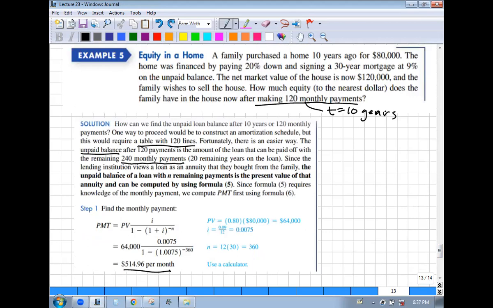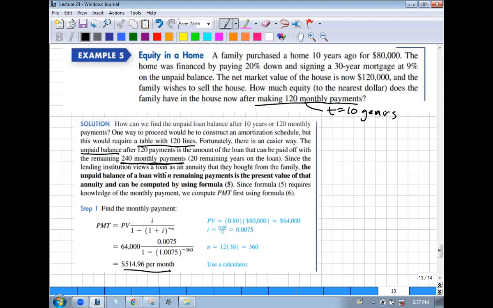Okay. Instead of doing this whole chart thing, the unpaid balance after 120 payments is the amount of the loan that can be paid off with the remaining 240 payments. So that's what we looked at. The amount that could be paid off for the remaining 20 years in our example.